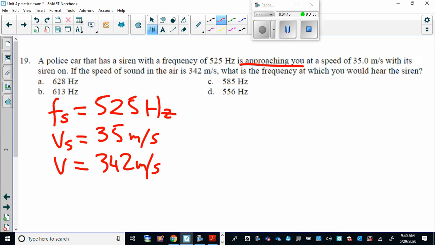And so we're going to use the Doppler effect equation. We simply have to decide if we use a plus or a minus. Since it's approaching you, you use the minus. So here's the Doppler effect equation. What we're solving for here is the apparent frequency, and we just designate that as f.